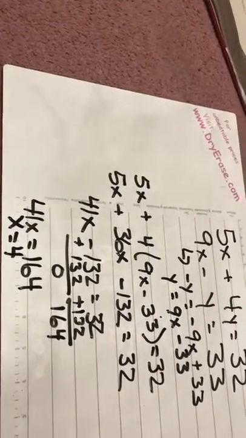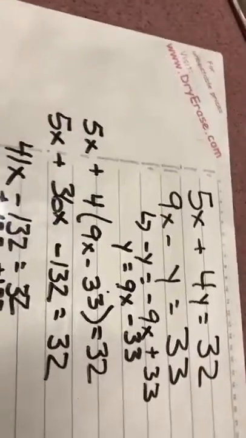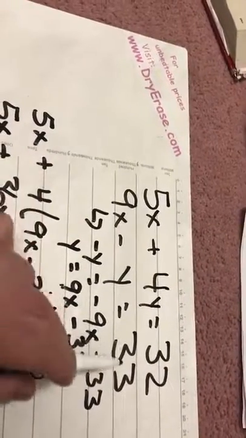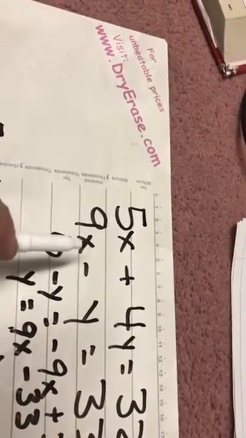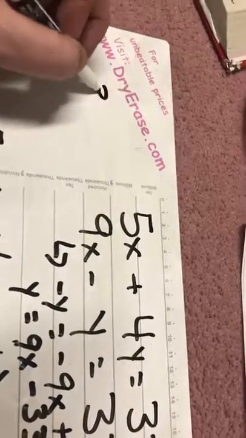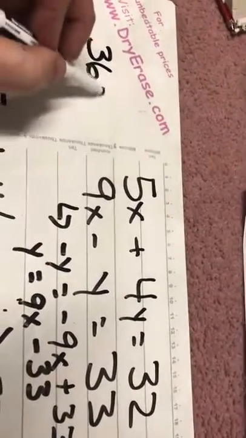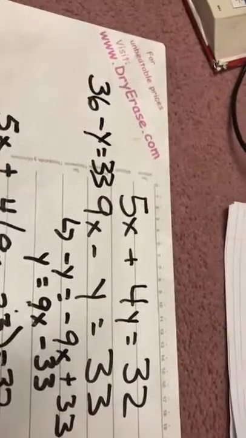All right, let's see what we're looking at here. Here y is isolated, so I think I'm just going to take x and plug it into this equation here. Since x equals 4, I'm going to think 9 times 4. 9 times 4 is 36. And so 36 minus y equals 33.